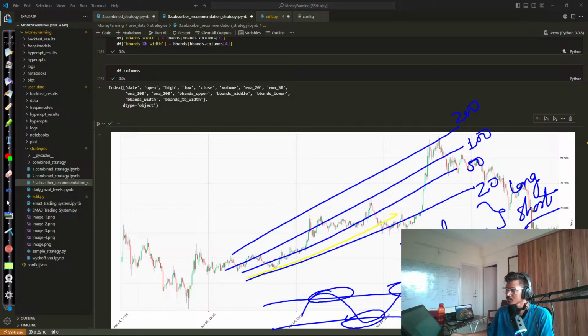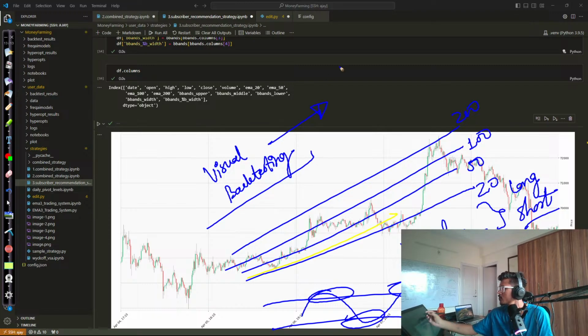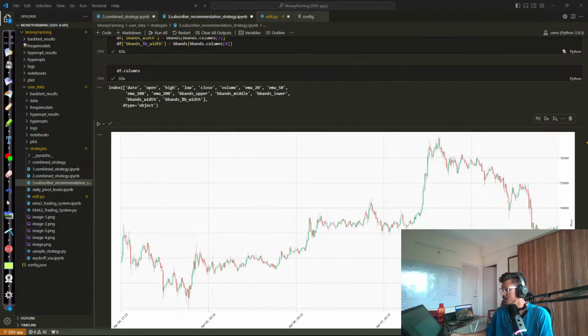Okay, so yeah, first we do visual backtesting, and then we move on to historical backtesting, and then we finally move on to live money trading. Just like the testing becomes trading now. So you get me, right? It's very simple.